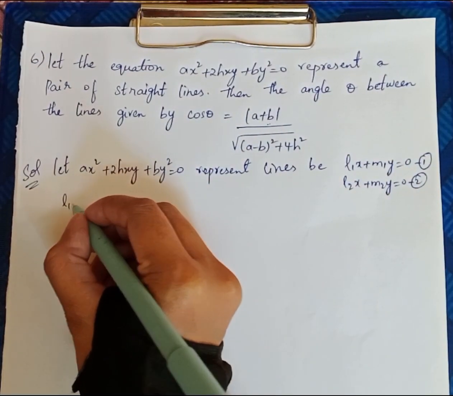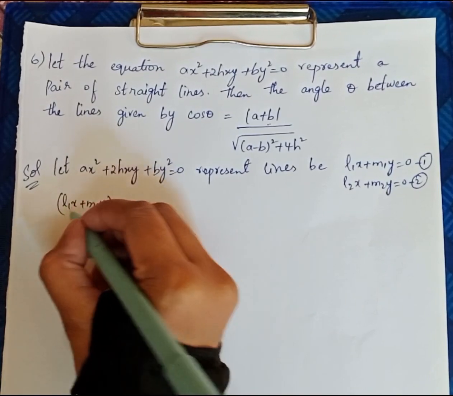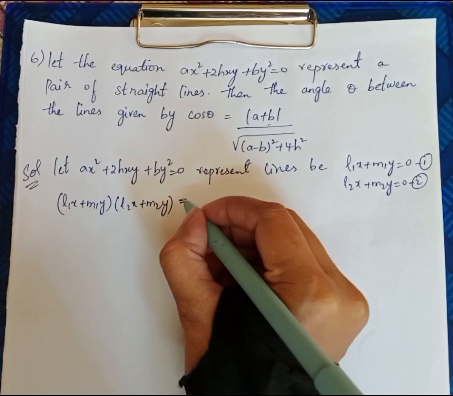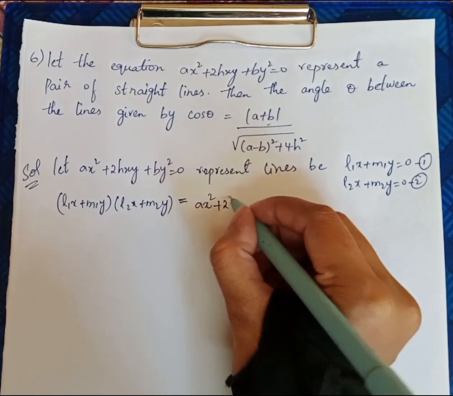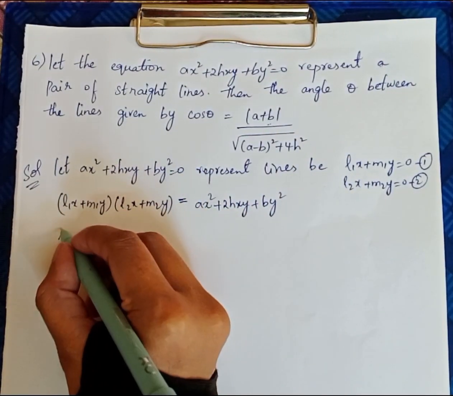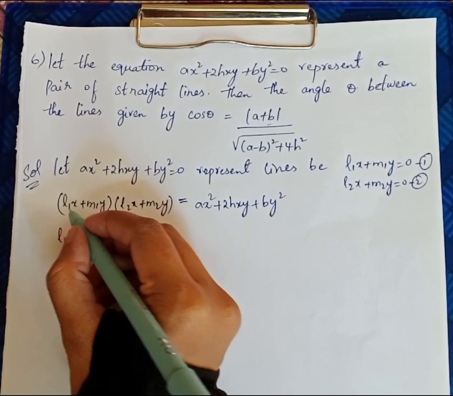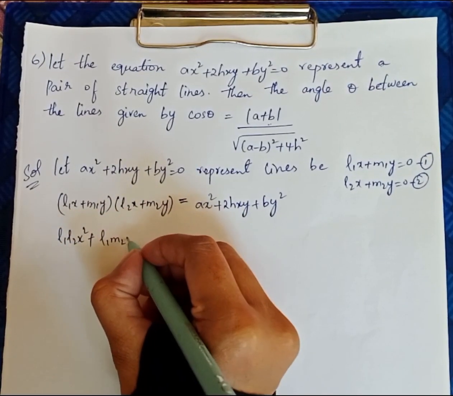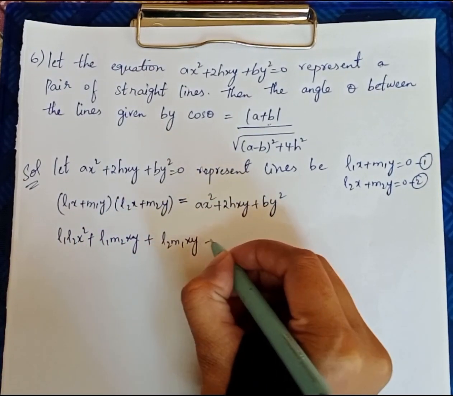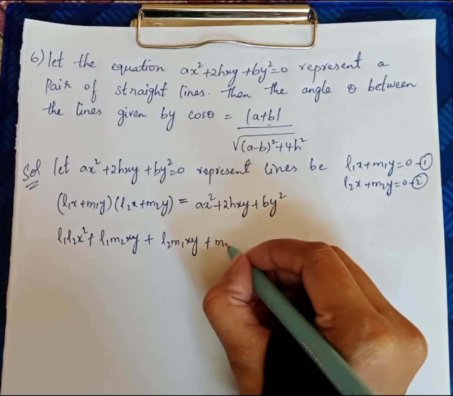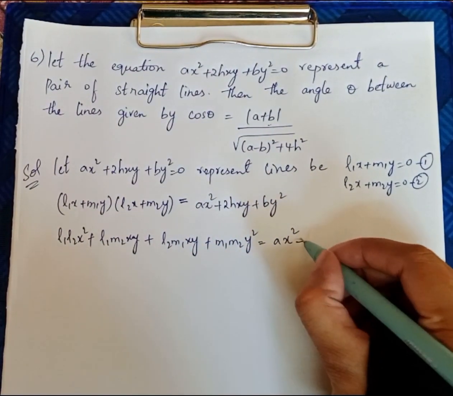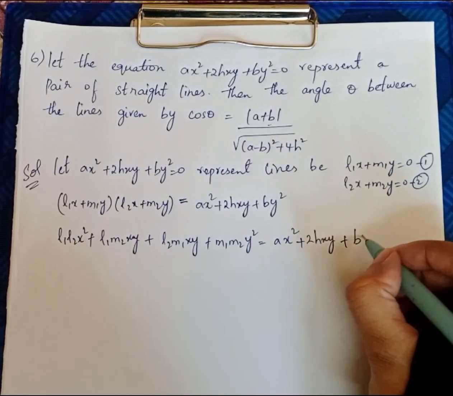Multiplying these two lines, (l1x + m1y)(l2x + m2y) equals this equation ax² + 2hxy + by². Multiplication gives l1l2 x² + l1m2 xy + l2m1 xy, and the last term is m1m2 y², equals the same ax² + 2hxy + by².